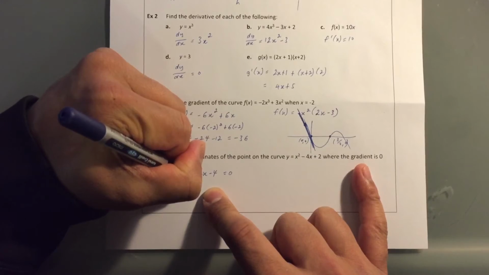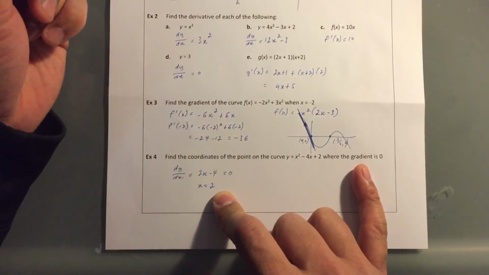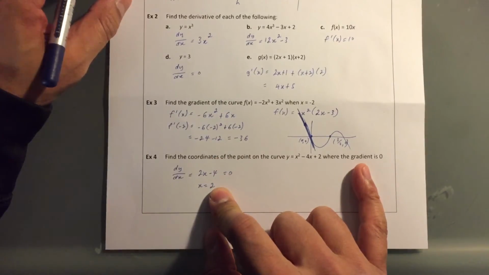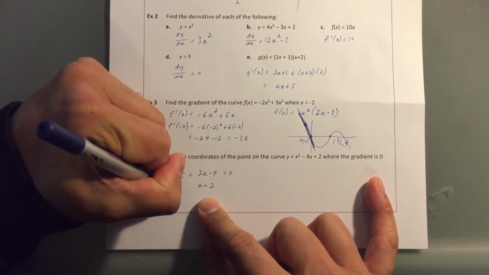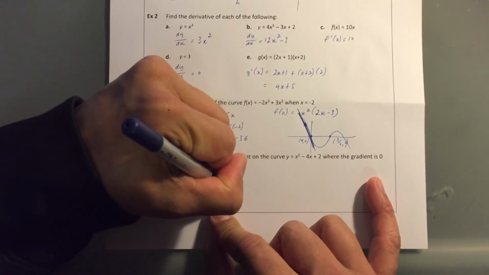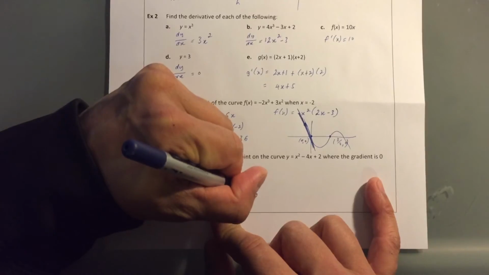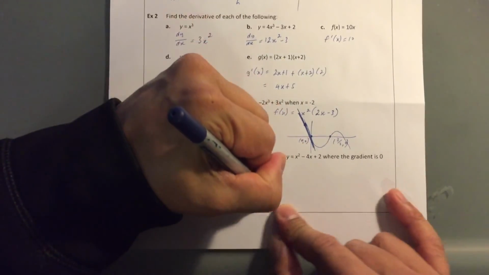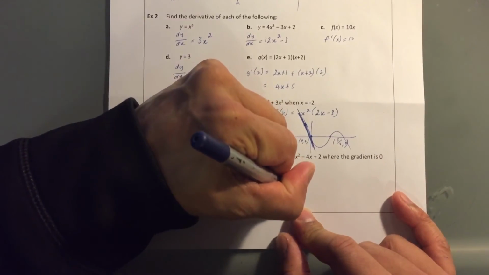So if I solve for x here, I get x equals 2. However, find the coordinates. So I need to sub back in. So when x equals 2, y is 2 squared take 4 times 2 plus 2. Y is negative 2. So therefore, as coordinates, it's going to be 2, negative 2.